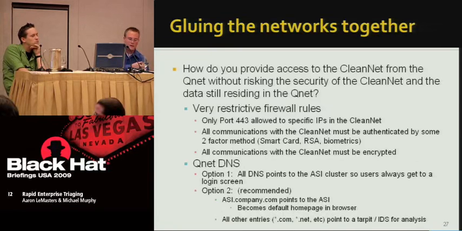Now the added benefit of that option is that you can then essentially black hole everything else to another server, some sort of a tar pit server, where you can start to analyze the traffic. Because in theory, over the next few days, as your users get used to using the CleanNet option, any other traffic that you would see could lead you to other infections.